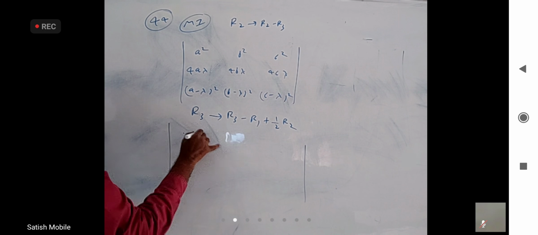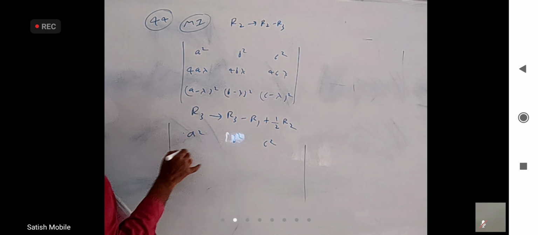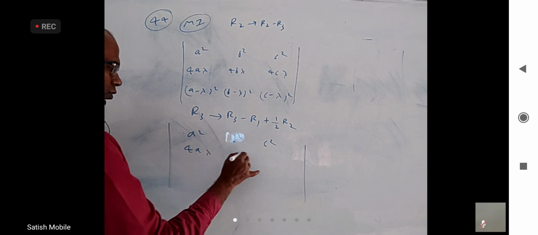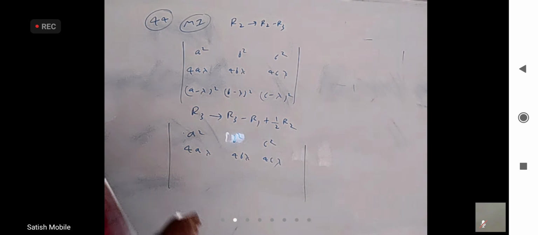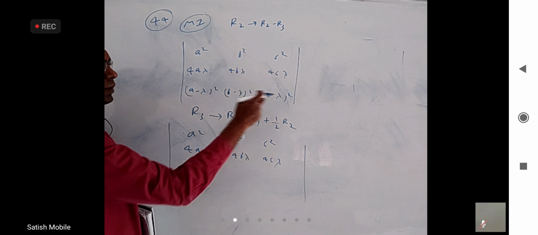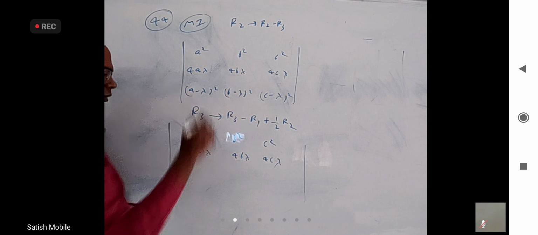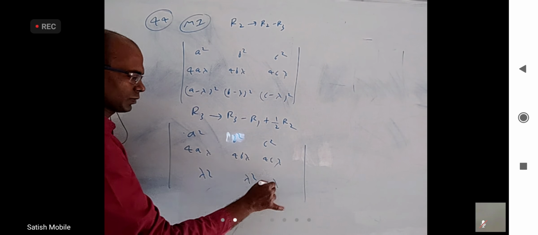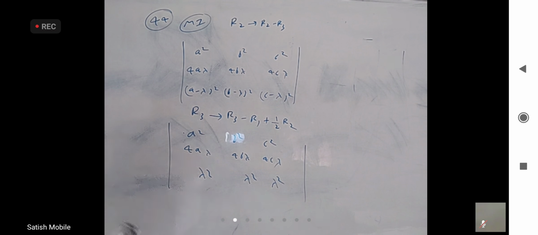You will get A square, B square, C square, 4A lambda, 4B lambda, 4C lambda. A square, B square, C square will go when you expand. Minus 2A lambda, minus 2B lambda, minus 2C lambda will go with half of this. You will be left with lambda square, lambda square, lambda square. You can take lambda square common here, 4 lambda common here.